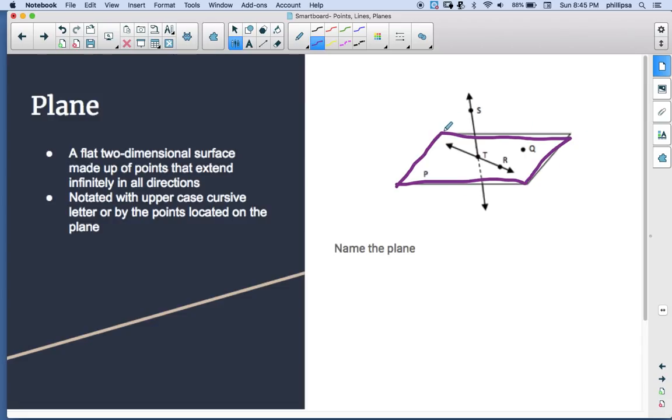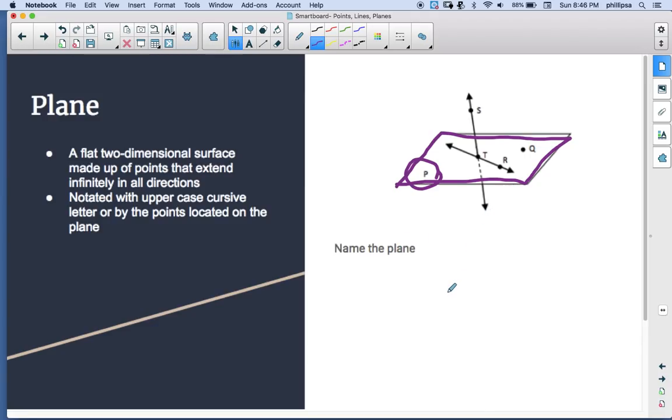So this is your plane, and this would be called plane P. Notice that could be mistaken for a point, but because it doesn't have a point next to it, and it's just an uppercase letter that lies on the plane, that would be the name of the plane. So we'll call this plane P, and again, it should be an uppercase cursive letter, but they're not always shown that way.